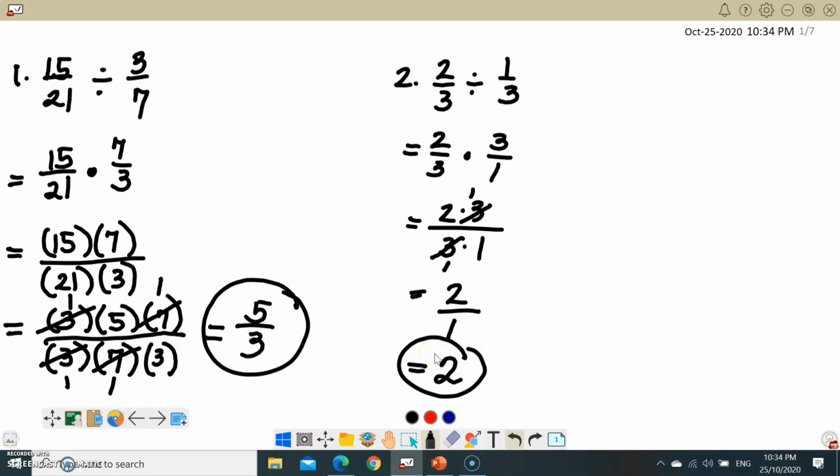Okay? So I think we are now ready in dividing rational algebraic expressions. Just remember, the process in dividing fractions is the same as in dividing rational algebraic expressions. Okay, let's try number 1. So we have here 16m raised to 5 over 3 divided by 2m cubed over 9. So first step, we need to find the reciprocal of the divisor, and we change division into multiplication.